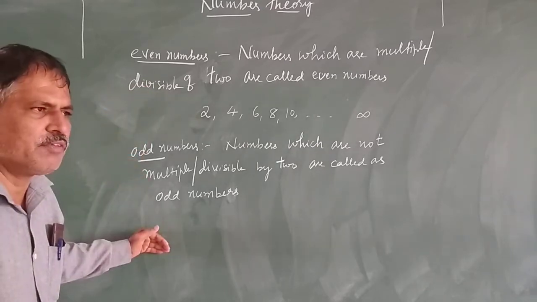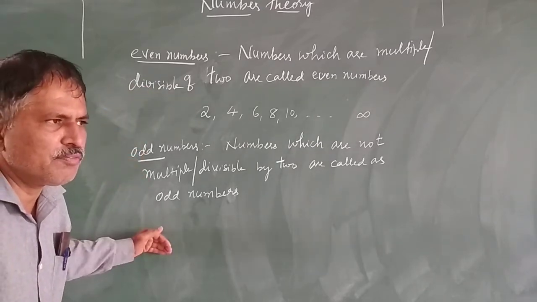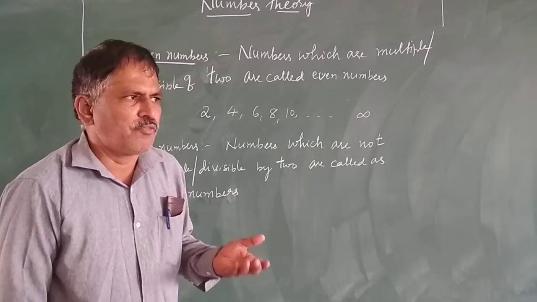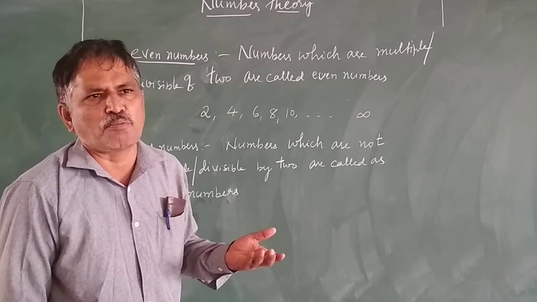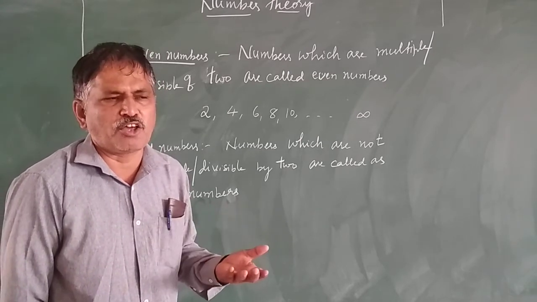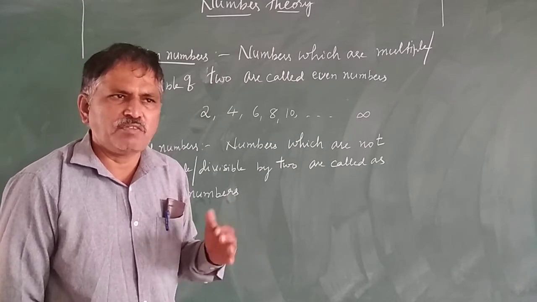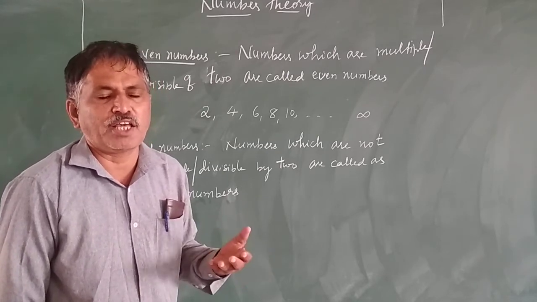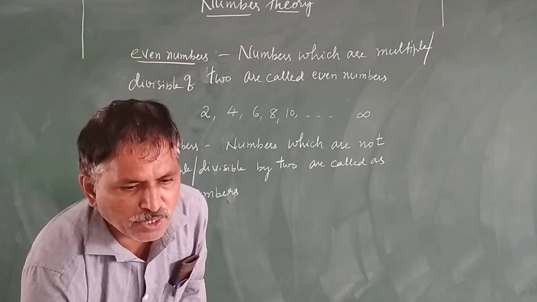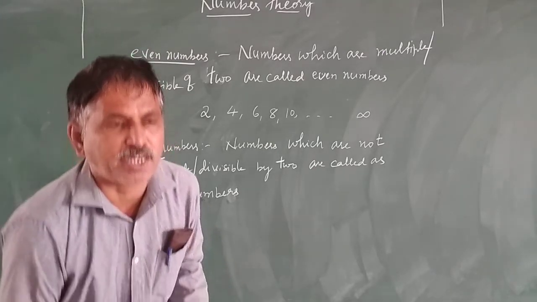If they are not divisible by 2, what does that mean? When 1 is divided by 2, I will get 0.5. When 3 is divided by 2, I will get 1.5. 5 divided by 2 gives 2.5. Here, divisible means it should be divisible exactly.